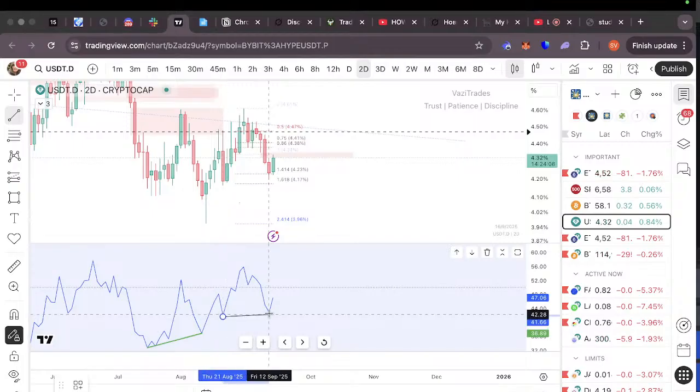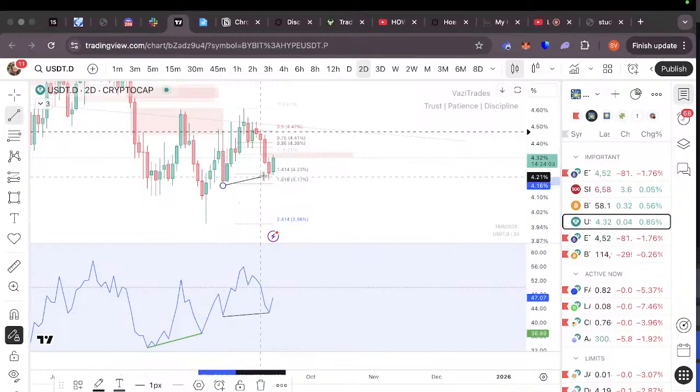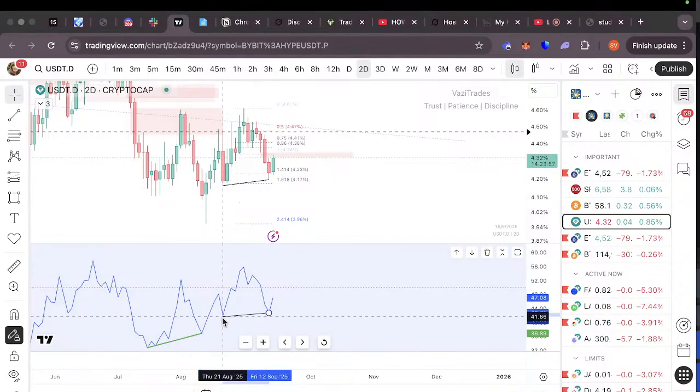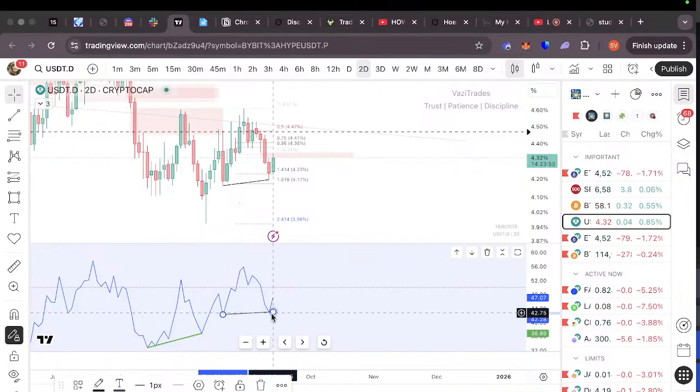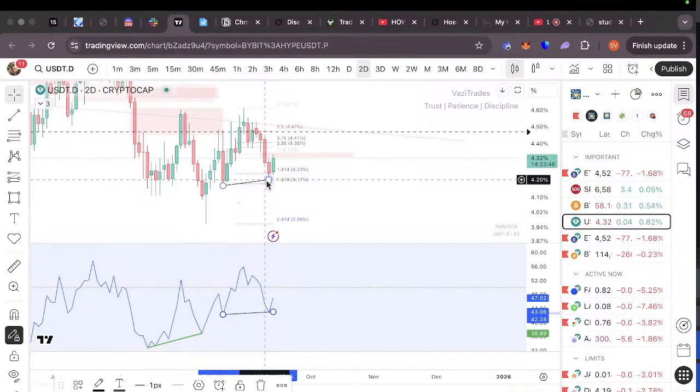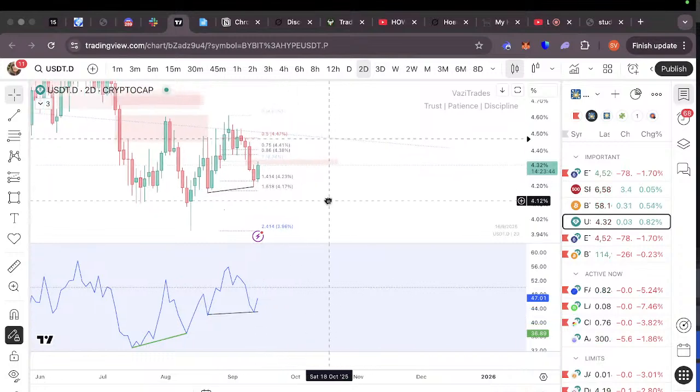So look, here we can see higher lows. Here it also just lightly up this bottom on the RSI, but more looks like flat. So it looks like hidden bullish divergence.